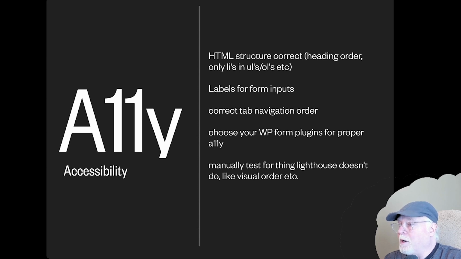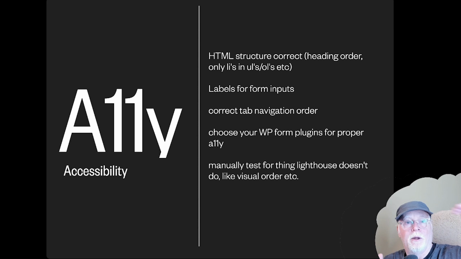Choose your WP form plugins dependent on accessibility. You may be using the same form plugin for ages and realizing it doesn't have the proper aria labels, or it doesn't have the right tab order, or it too easily lets you use the same form twice on a page that has the same ID, which can get tab users in trouble.